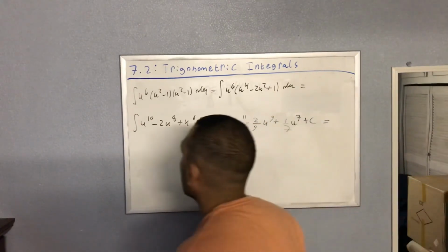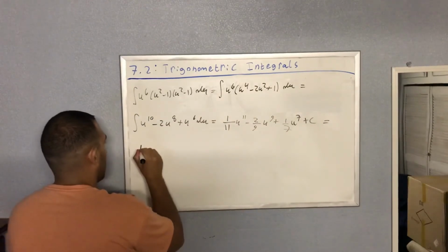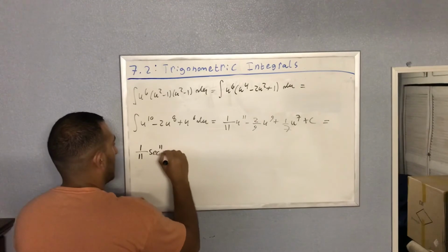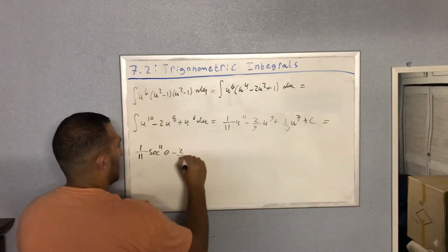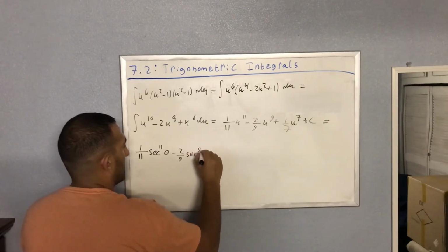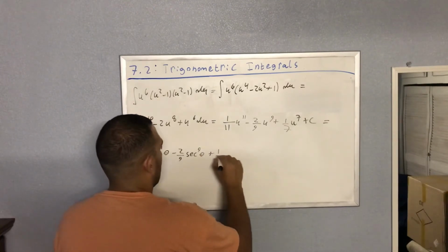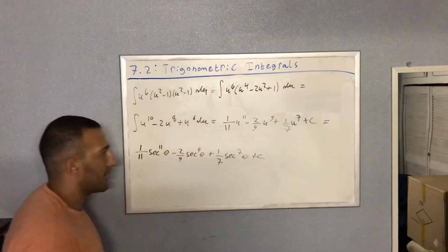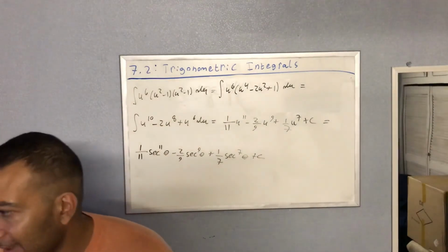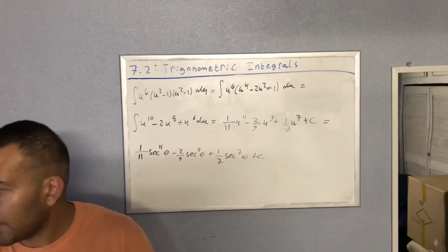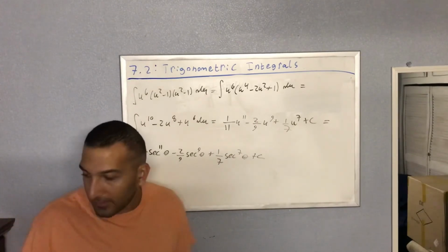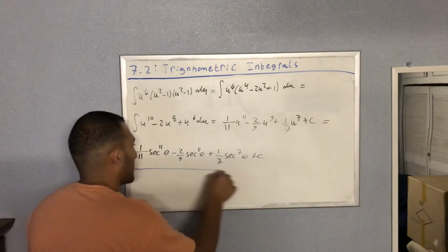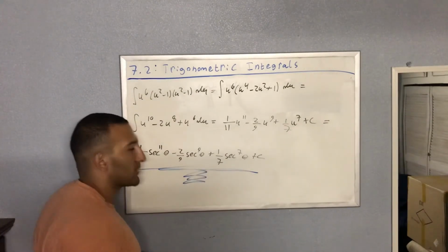And then finally, letting u be secant, we get our answer, secant to the 11th, and so on. Very elaborate answer, right? Very crazy. It's pretty cool how all of this stuff just comes together and works out so nicely.